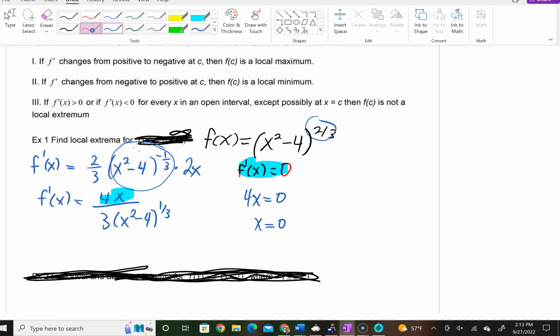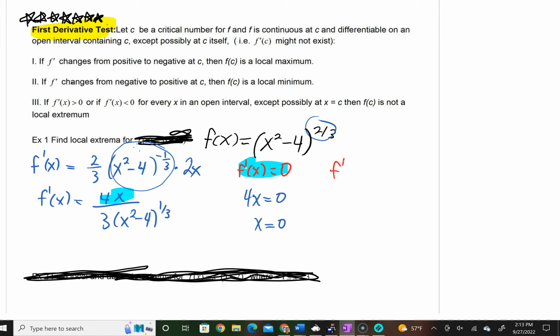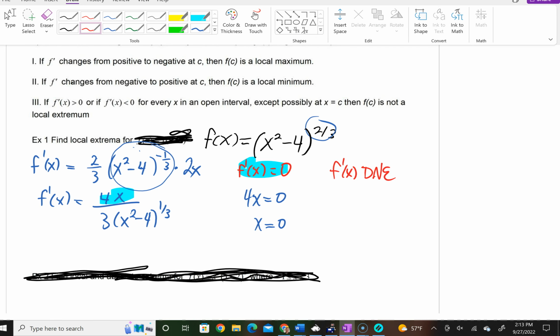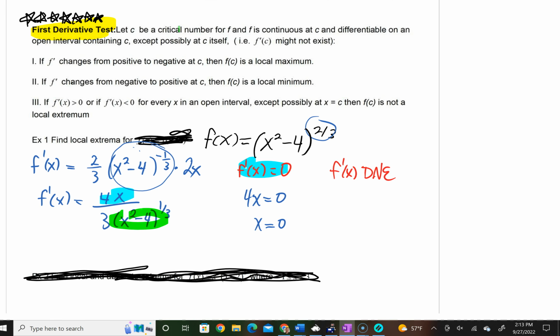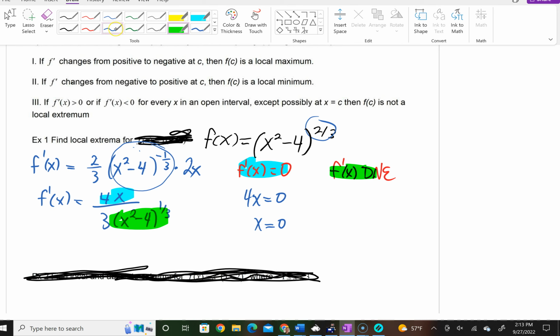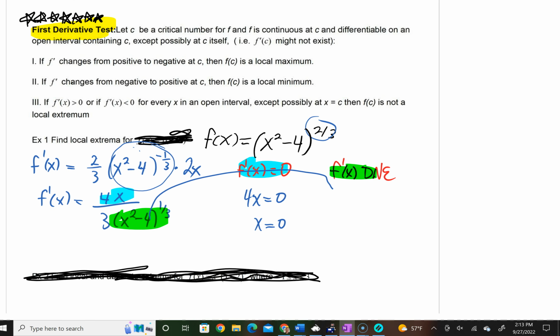We also have to look at where f prime doesn't exist. That's where the denominator equals 0. Now, guys, at this point, I'm going to streamline this just a little bit. How would that highlighted green expression have to hit 0?